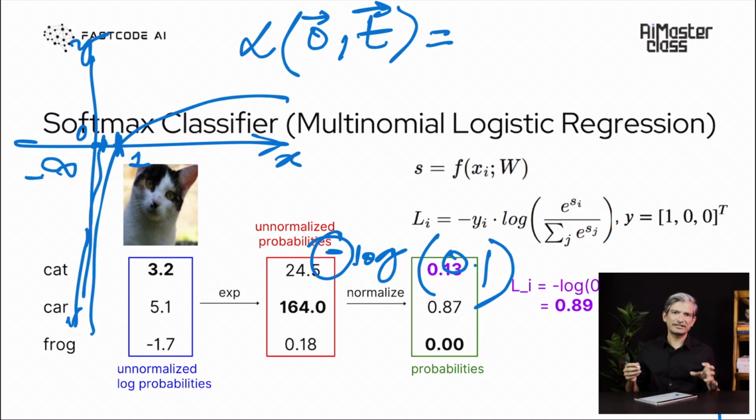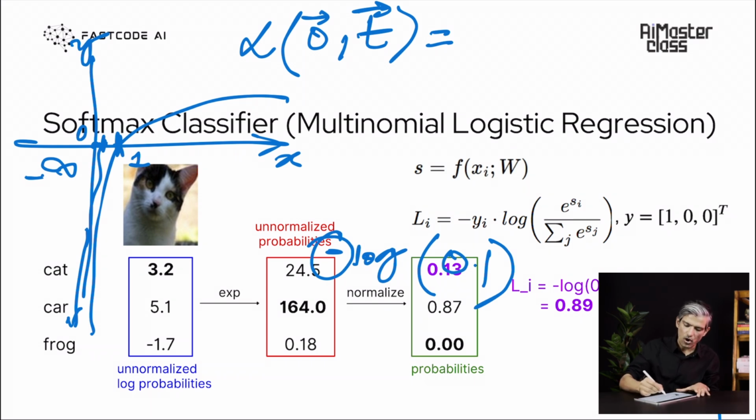That big number is essentially our quantification of how unhappy we are with our output. We will be very unhappy if we get say 0.1 as output here, and if we get 1.0, we will be pretty happy, so we will not be unhappy and we will get 0 loss.